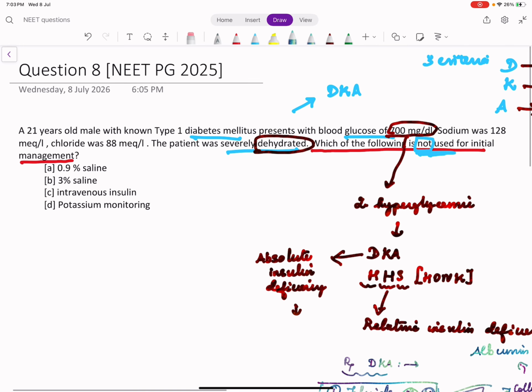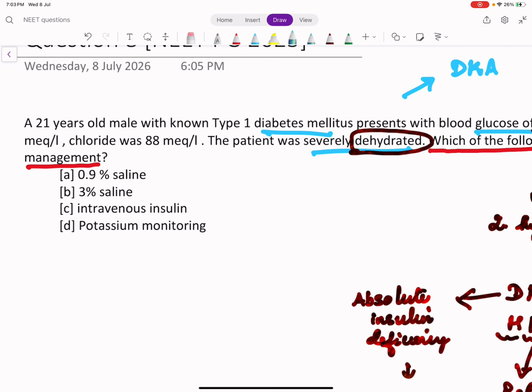So which is not used for initial management? 0.9% saline. In the last question we discussed 0.9% saline is the commonest normal saline which we use in the ward. If you remember the value, it has 154 milliequivalents of sodium and 154 milliequivalents of chloride.